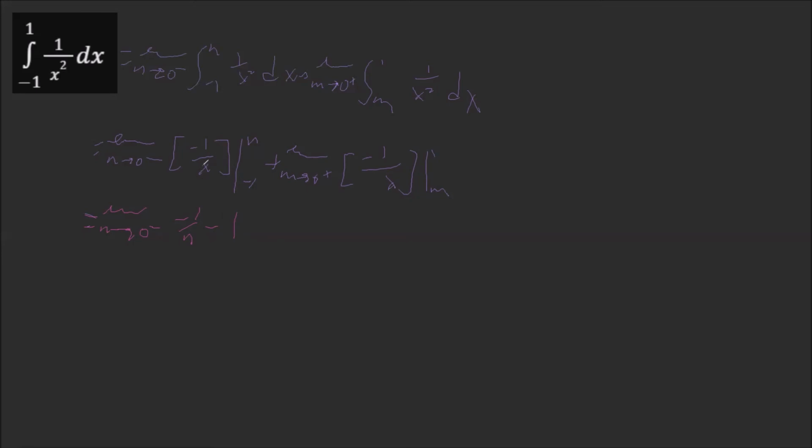But once we plug in negative 1, it is once again negative. So that's why we're subtracting 1. Minus 1 over minus 1, seeing as we plug in 1 for x over here, plus the limit as m approaches 0 from the right of 1 over m.